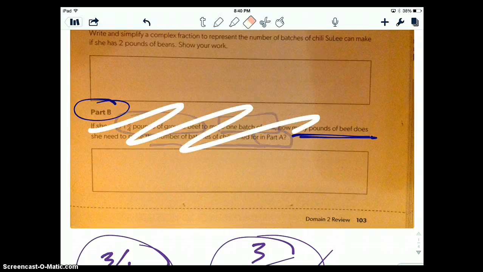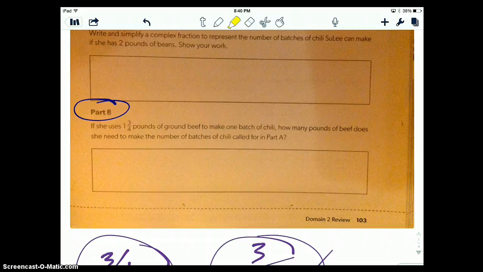One more time. If she uses 1 3/4 pounds of ground beef to make 1 batch of chili, how many pounds of ground beef does she need to make the number of batches of chili called for in part A? You have 1 minute. Go. Try something.